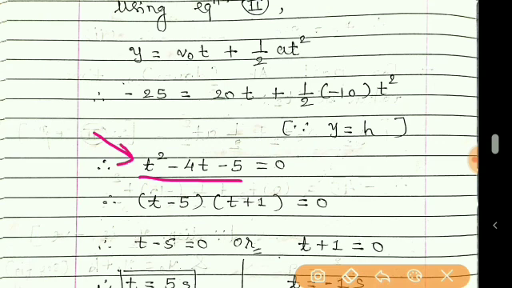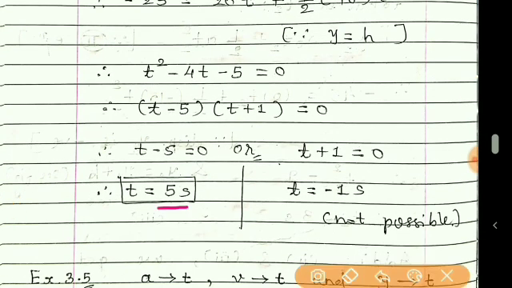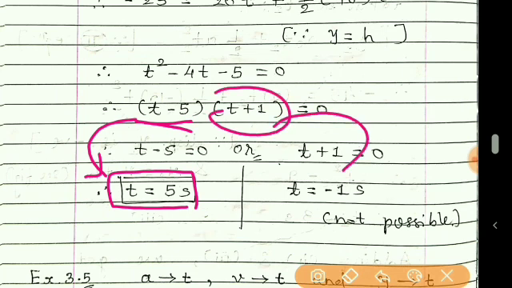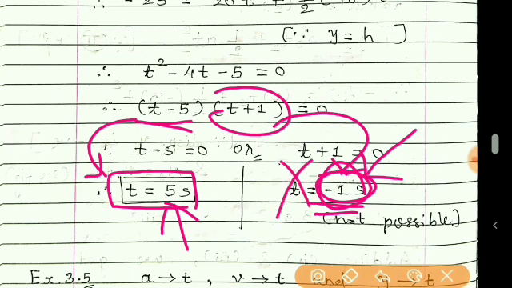And we know that there are two solutions for any quadratic equation. So here, solving this quadratic equation, one value of t is obtained to be 5 seconds, and the other value is t equal to minus 1 second. So we got two times. One time is 5 seconds and the other time is minus 1 second, but we know that time can never be negative. So this is not possible, and so t is 5 seconds.